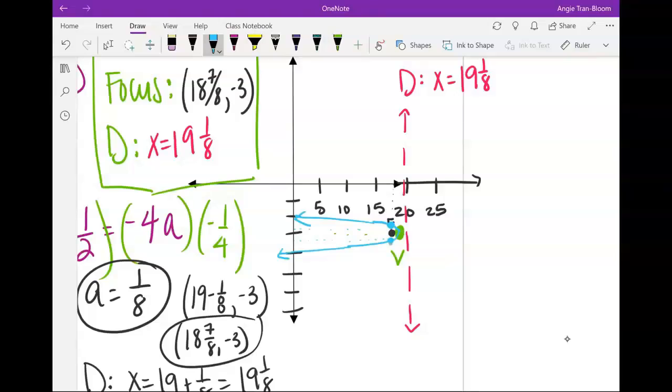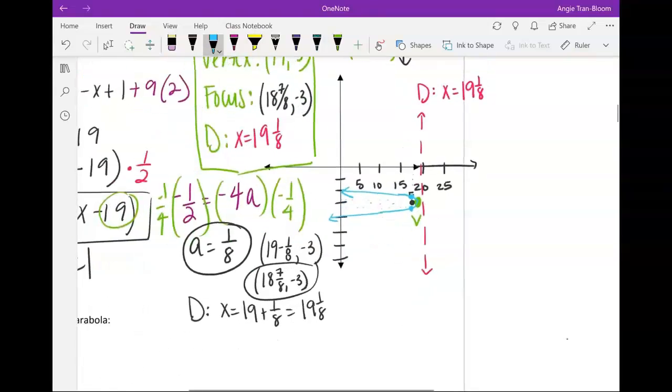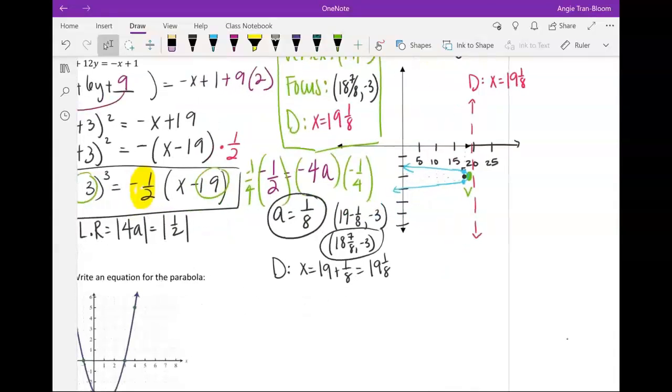Then if I ask you to find the ordered pairs of the latus rectum, we can take the y value of the focus and we add a quarter, and we can also take the y value and we subtract a quarter. And remember, the reason we do a quarter is because it's half of the total length.